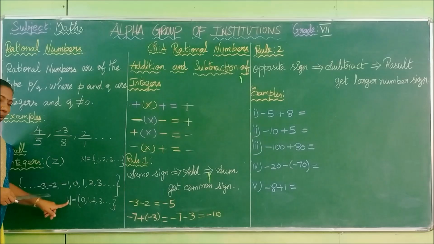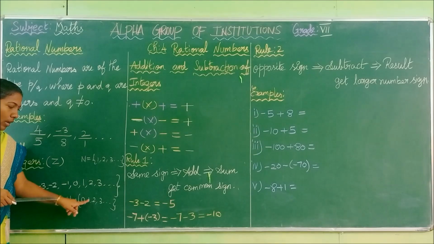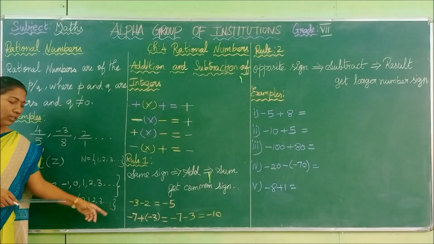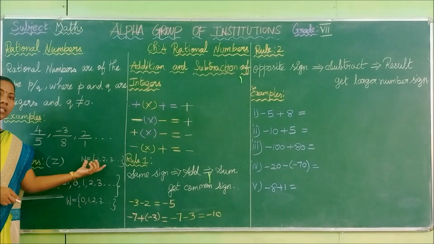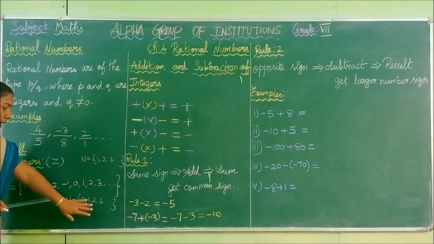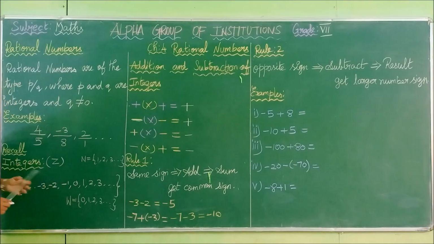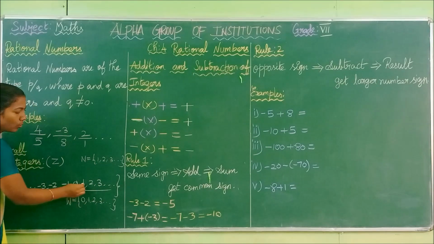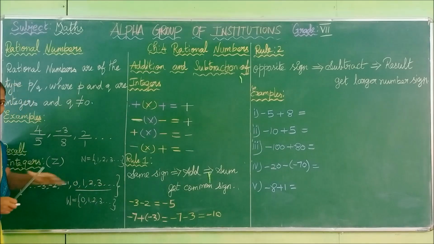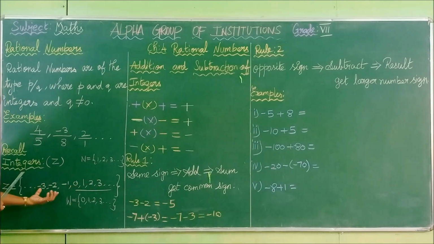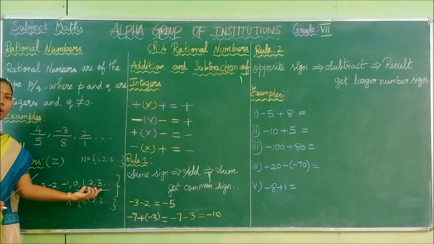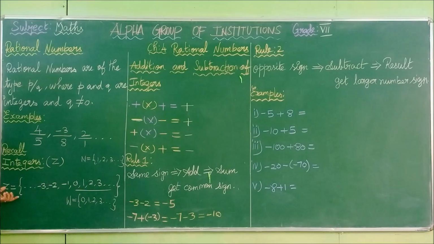The symbol for whole numbers is W. If you add negative numbers with these whole numbers, you get integers. The symbol for integers is Z.